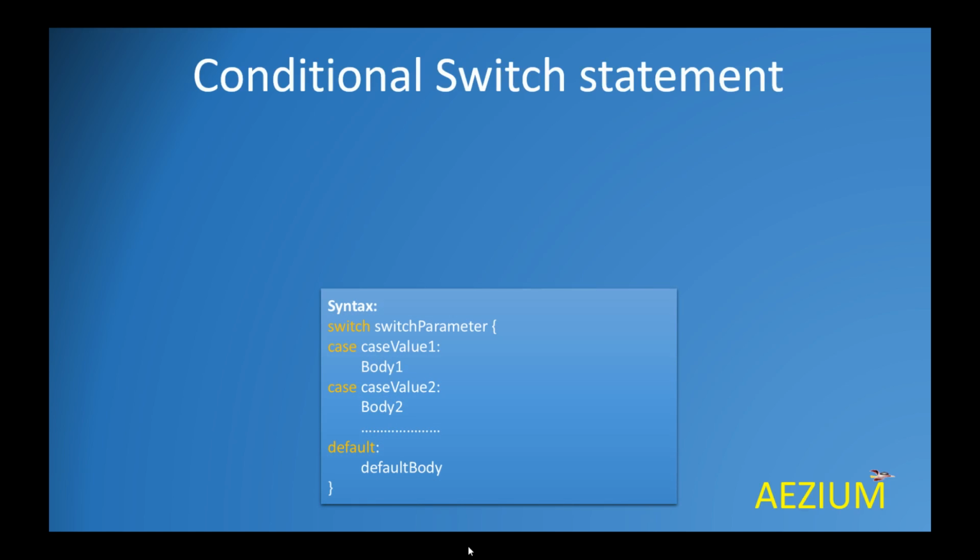Here is the syntax of a switch statement. We have the keyword switch and also the keywords case and default. Notice that after all the cases and default, we use a colon that is necessary.